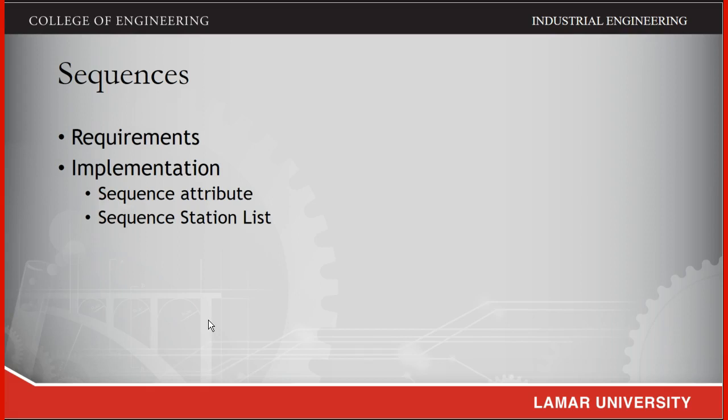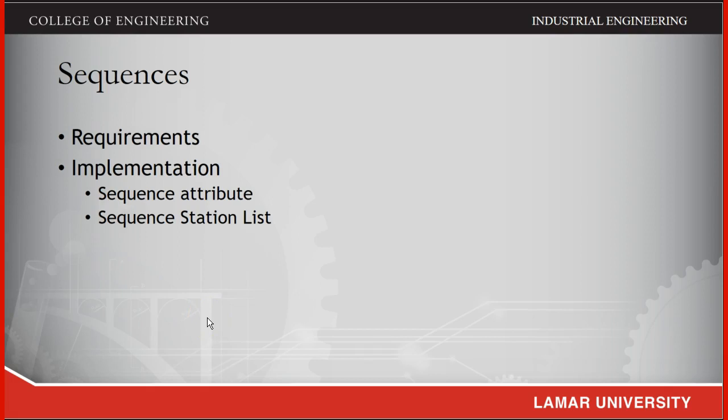Naturally that's not always the case, and depending on the type of entity we have, it might be that one type of entity visits the stations or the processes in one sequence, and another type of parts may not have to visit all the stations, or visit those stations and processes in a different sequence. And that can be easily implemented by means of adding an identification attribute to tag which sequence each type of entity will follow.